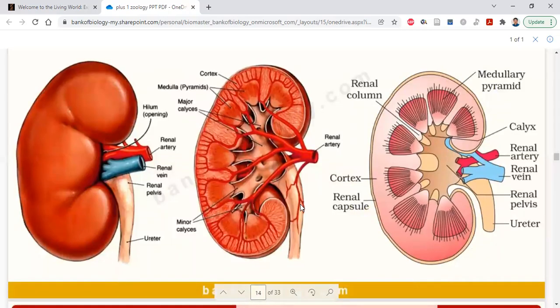The renal medulla contains the loop of Henle, collecting tubules and ducts of Bellini.